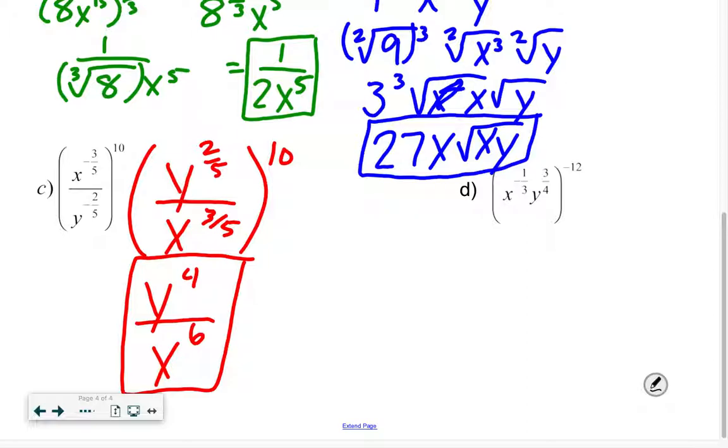No, because of different variables. Okay. The difference between C and D, C we're dividing, D we're multiplying. The other difference, we had negatives here and positive outside, right?